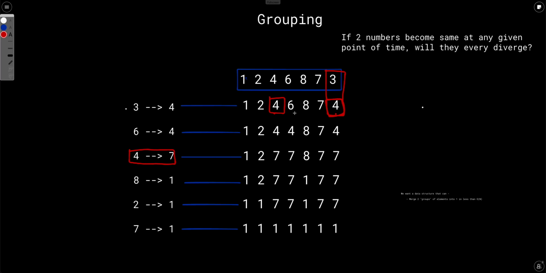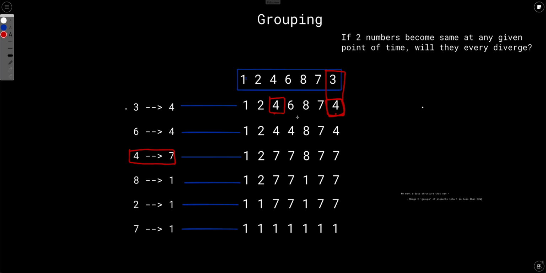So this is an important observation. If two numbers become the same at any given point of time, they form a group, and this group will be there till the very end of the life cycle of the entire operations. So we are forming groups, and those groups remain till the end of the operations.